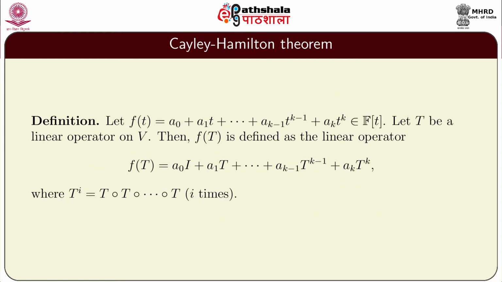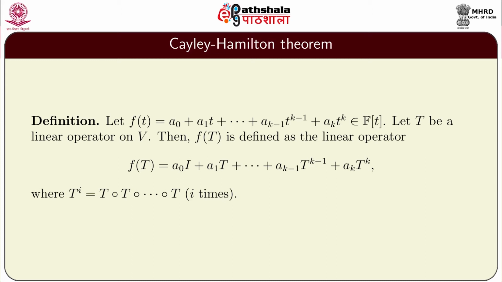A quick definition: let f(t) denote this polynomial a0 plus a1 t and so on up to a k t to the power k. In F[t], that means the coefficients of the polynomial are in the field F. Let T be a linear operator on V. Then f of T is defined as a0 I plus a1 T plus a2 T square and so on a k T to the power k.